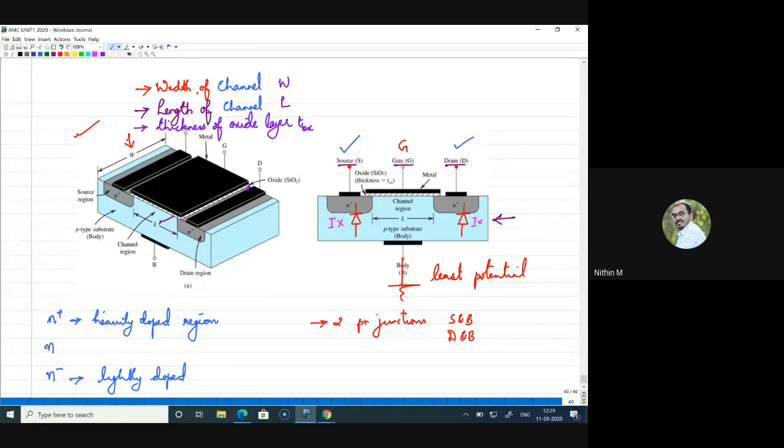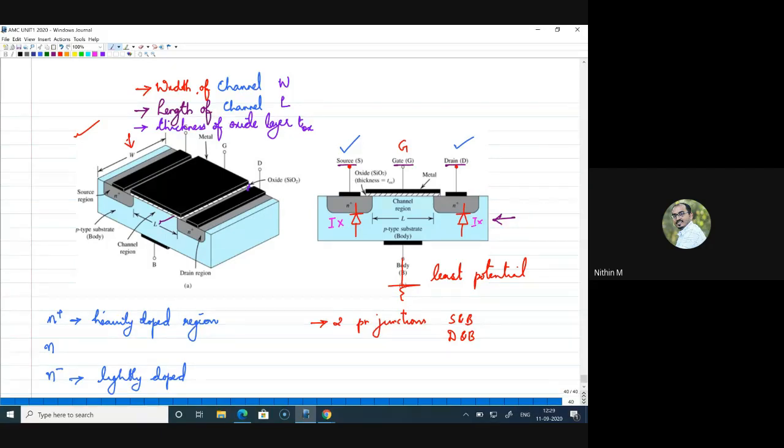We are looking at the current flow between source and drain and we want to have control of the current flowing between the two terminals. So these two junctions should be always reverse biased, right? For that reason we should understand that if the body is a P substrate, we have to connect that to the least potential, right?